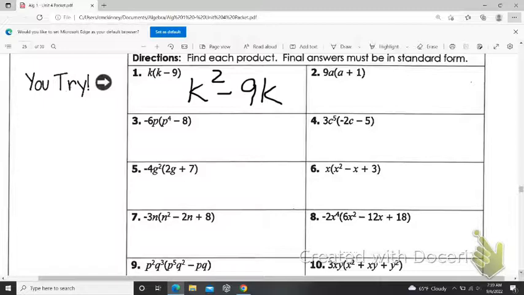Just like in distributive property before, be careful with your signs. So negative 6p to the 5th, but then negative times negative, positive 48p.